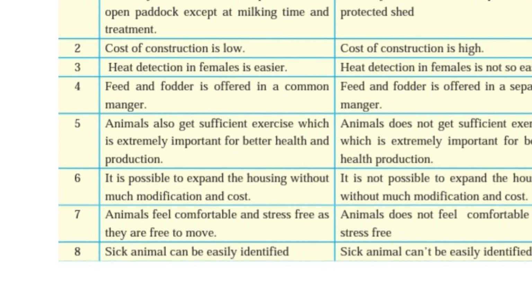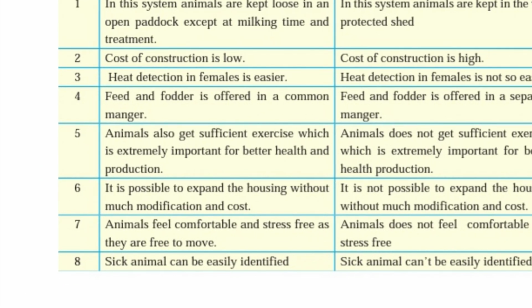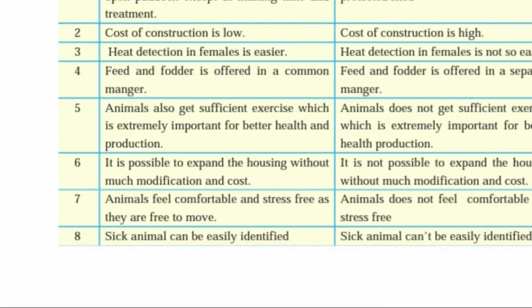We can accommodate more animals if there is an emergency, and if required, we can modify this loose housing system also. In conventional housing system, the area required for each animal is calculated, and accordingly the house is constructed, so it is not flexible. In an emergency, more animals cannot be accommodated.